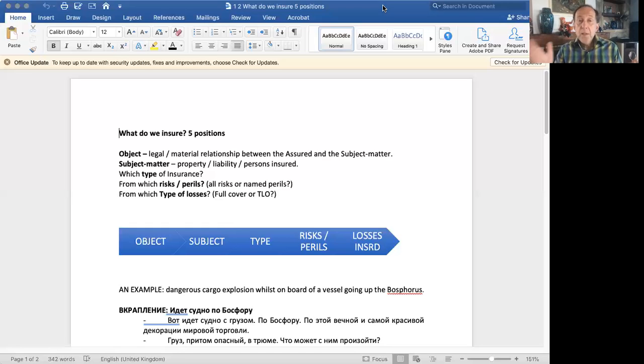And we have decided that we are only speaking about property insurance, not third-party liability insurance, not personal accident insurance, only property insurance. So that's position number 3, type of insurance. Then cargo may be insured only against sinking of a vessel, or total loss of a vessel, or against different risks and perils.